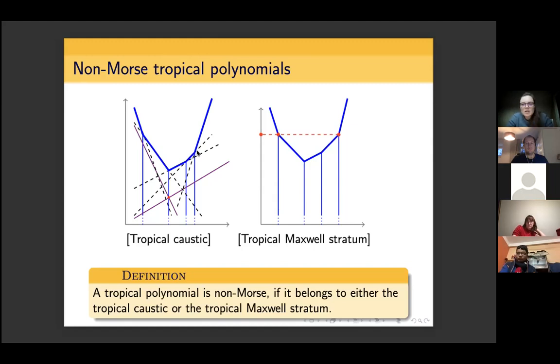But what if at the root, some other pair of monomials attains the same value, just like drawn here? The ones that dominate at any point, or those that don't, it doesn't matter. It's a classical representative of such a bad situation. If such a thing happens, I say that my polynomial belongs to the tropical caustic.